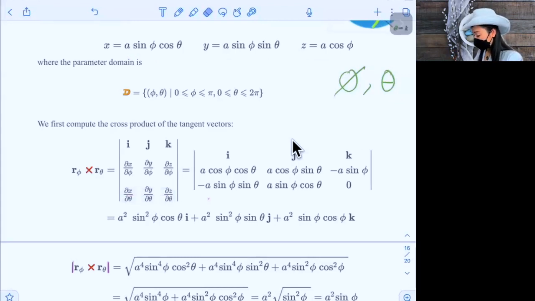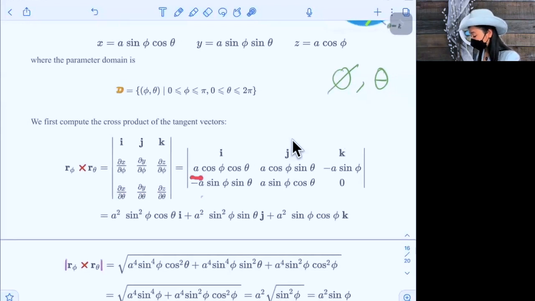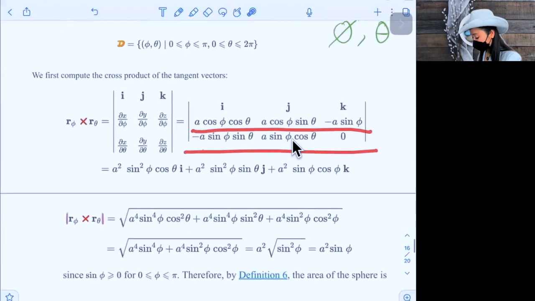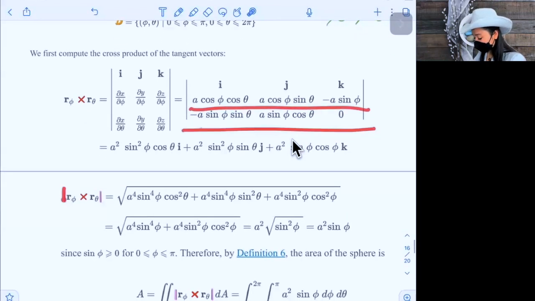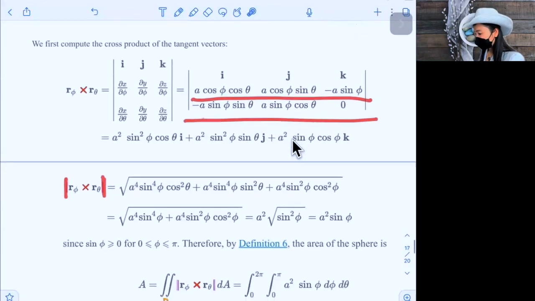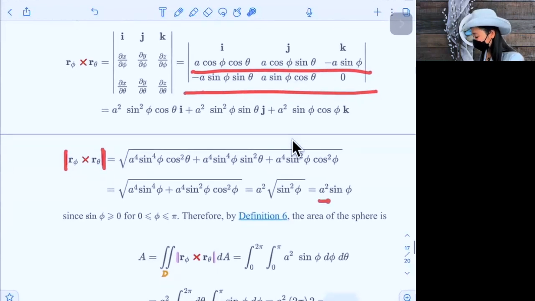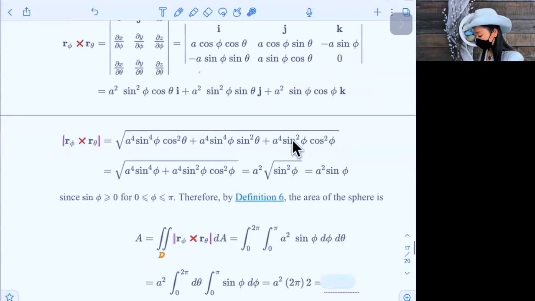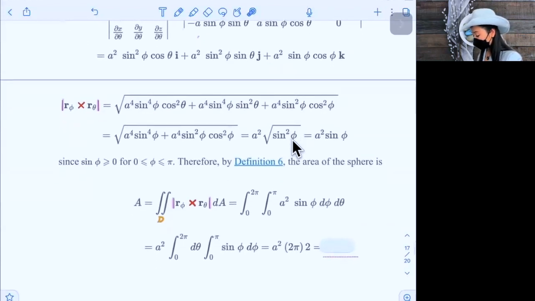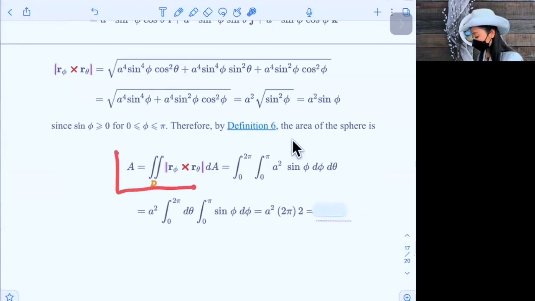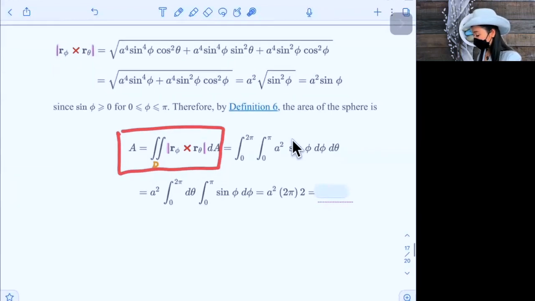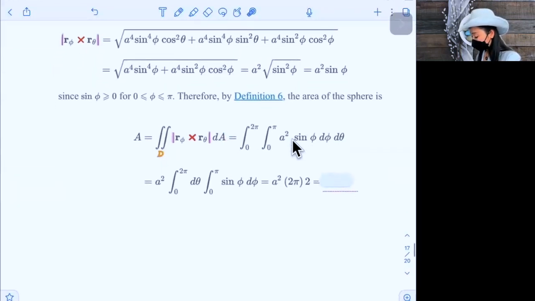All right, and I actually did the calculation like this, and after that, you're going to find the magnitude of this, and it turned out to be this quantity, okay? And then we're going to use the formula that we're given, this one. So the magnitude of this cross product is going to be this.